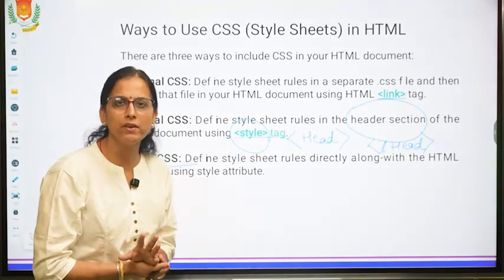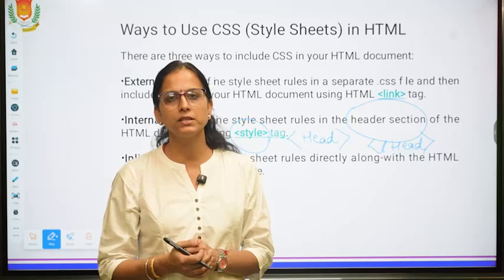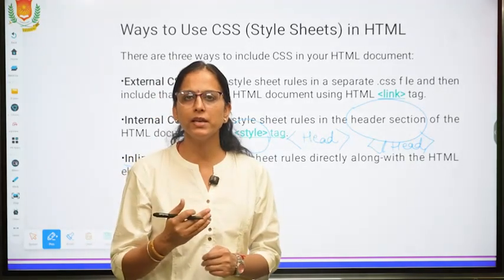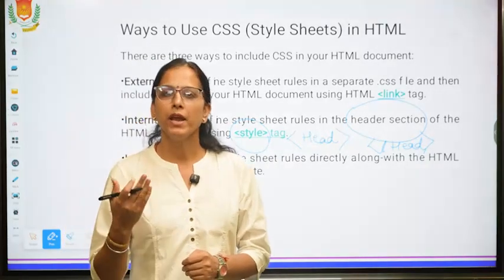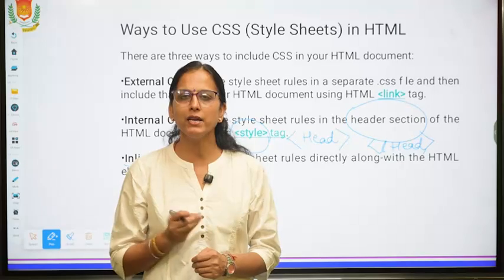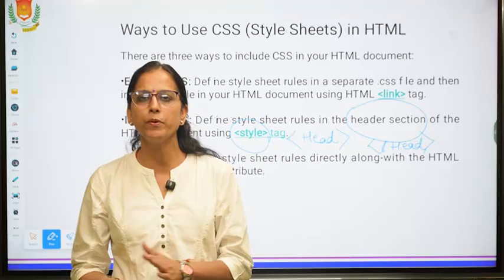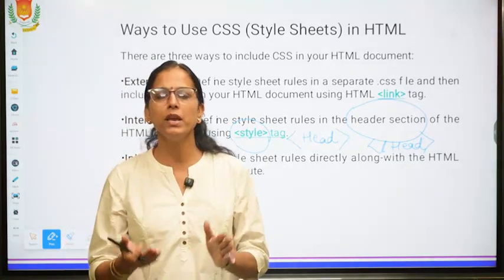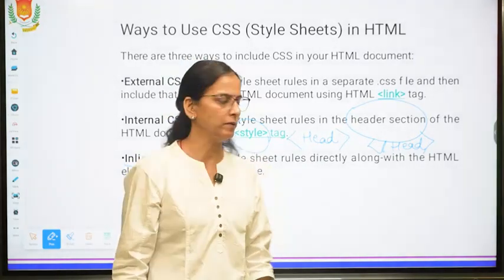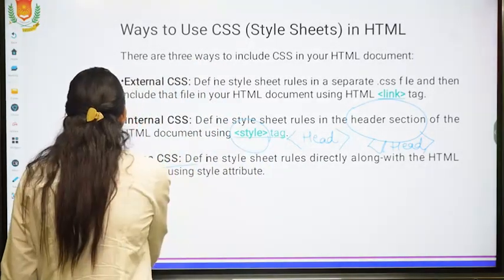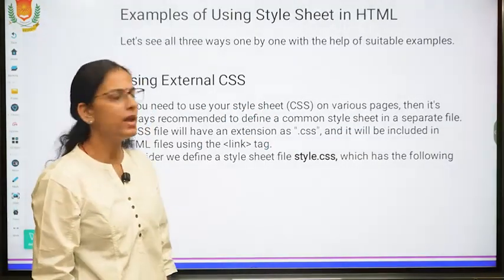So there are three ways: creating a separate file which can be saved with .css, creating internal CSS where we can define the CSS in the header section with the help of the style tag, and the third way is defining the attributes for the different tags within the body tag itself, as we do for HTML coding. So now we will discuss each one by one with the help of examples.